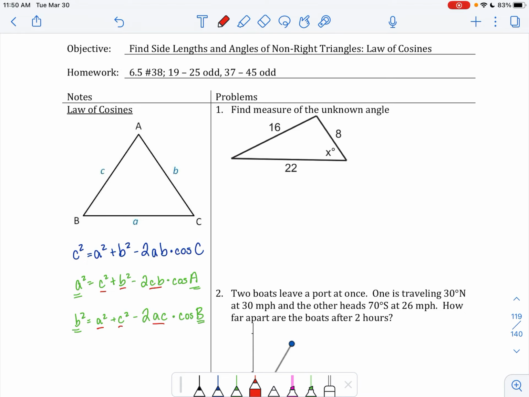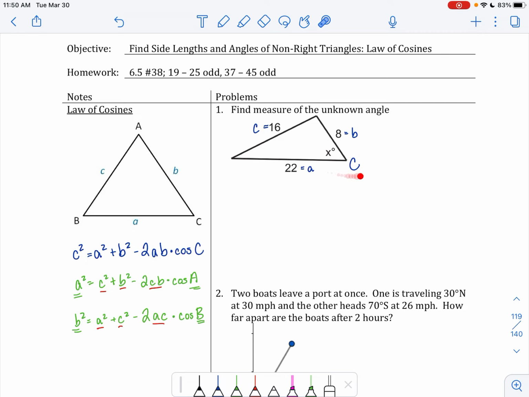So in this case, we want to find the measure of the unknown angle. So what I'm going to do is call this C, which makes this c. These two are the unknown. How you label them doesn't actually matter all that much, because you're only adding or multiplying the numbers together, so order doesn't matter. If I did B first and A there, it wouldn't make a difference.